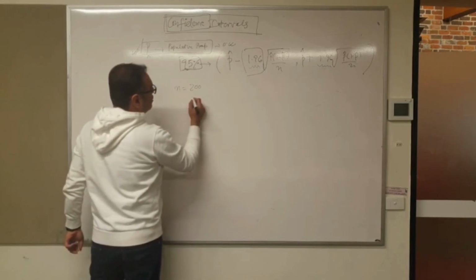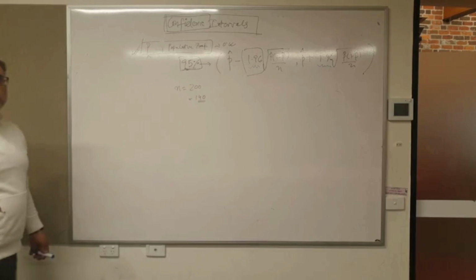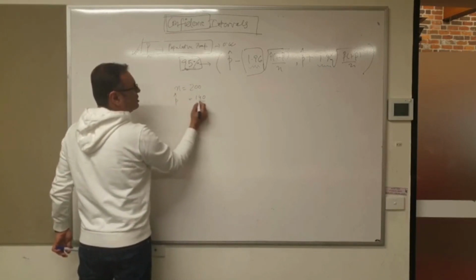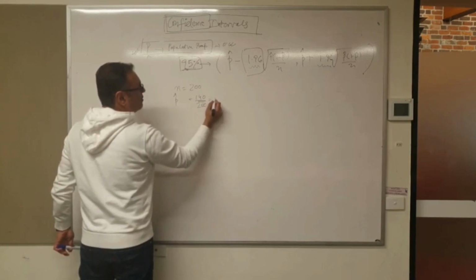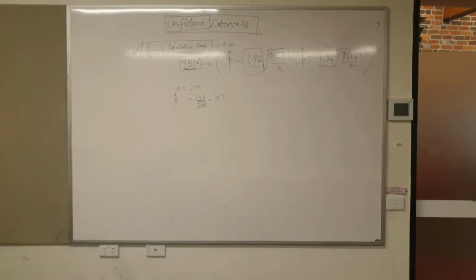So let's say you found that 140 are using social media. So what's your population proportion, Kisha? Population proportion is 140 over 200, which is 0.7, right? Yes or no? Say yes or no. I need to hear that.